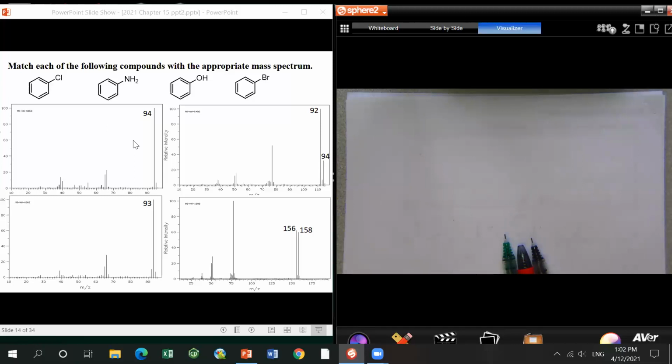You can apply these to this full spectrum to identify which spectrum matches which molecule. Anyone know the answer? You can also draw the answer in the window on the screen.